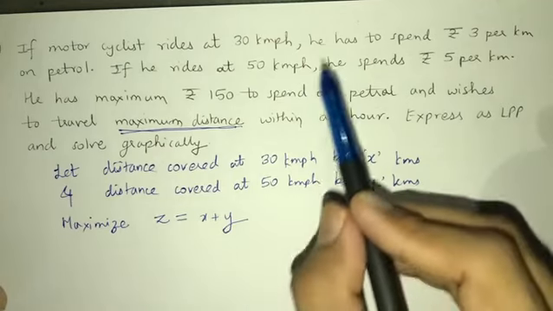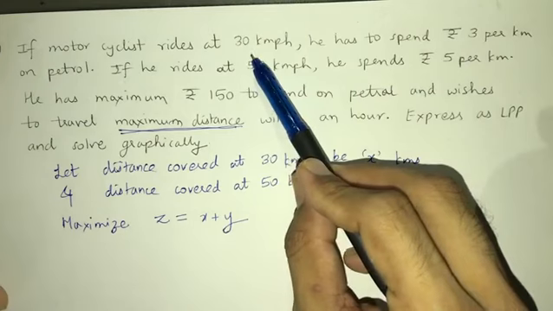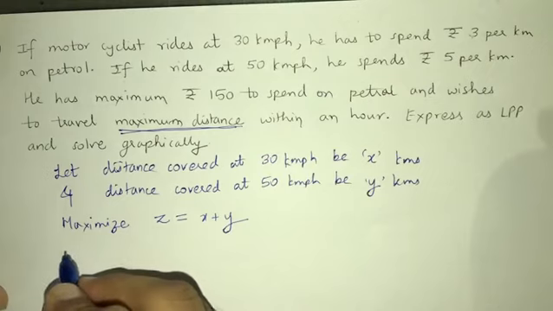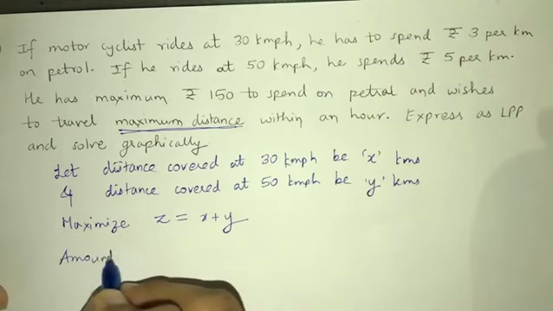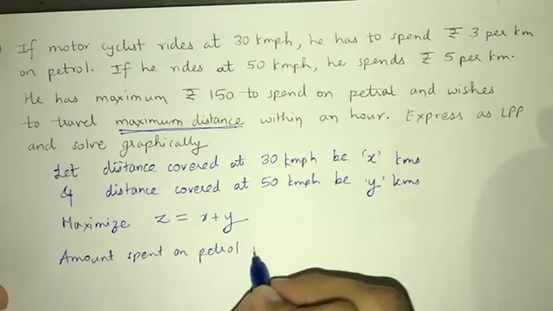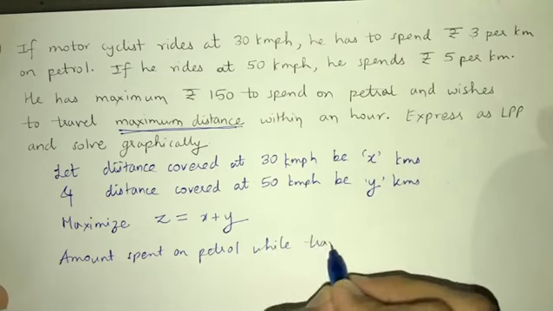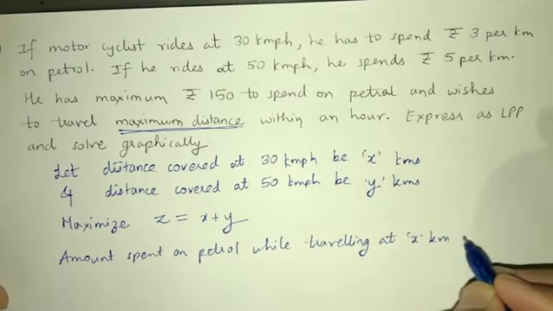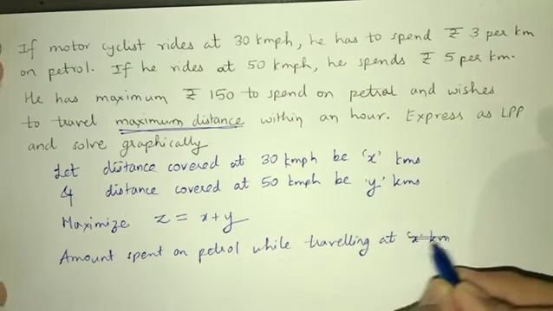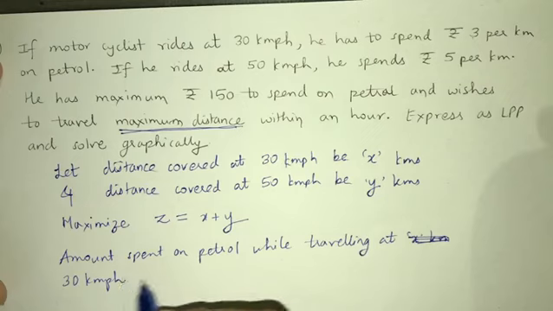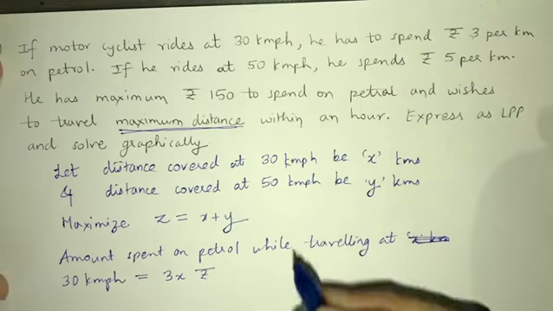Now, if he is riding at 30 kilometers per hour, per kilometer he has to spend rupees 3. So the amount spent on petrol while traveling at 30 kilometers per hour is rupees 3x.